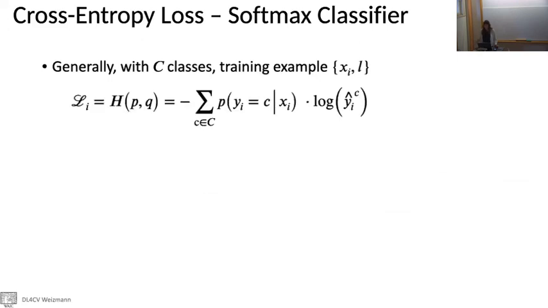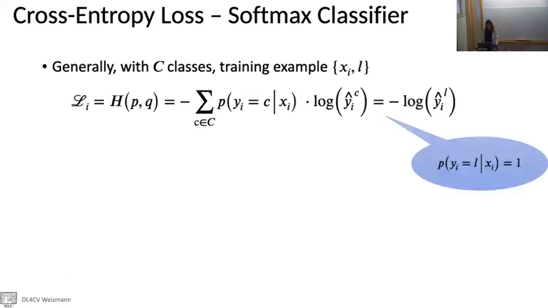It's going to be the sum over all the events of the probability, and again the probability is going to be 1 only for the class which this data point is given, or supervised for us, that we know it belongs to. So it will be exactly the L entry. We are only left with minus log of the prediction at the L entry, because it's only going to be 1 there.